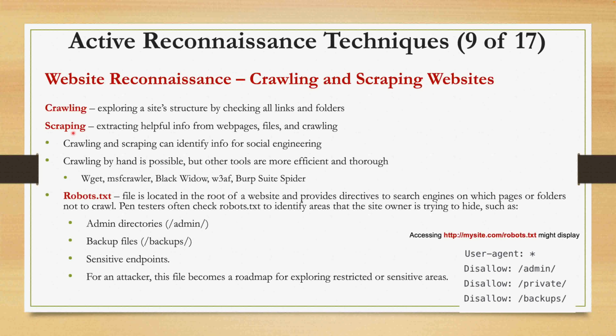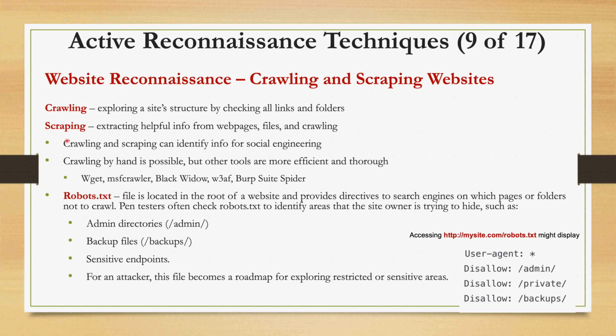Now, scraping is extracting helpful information from web pages and files found while crawling. Crawling and scraping can identify information for social engineering. The idea behind this is we try to extract information from web pages or files discovered during crawling.